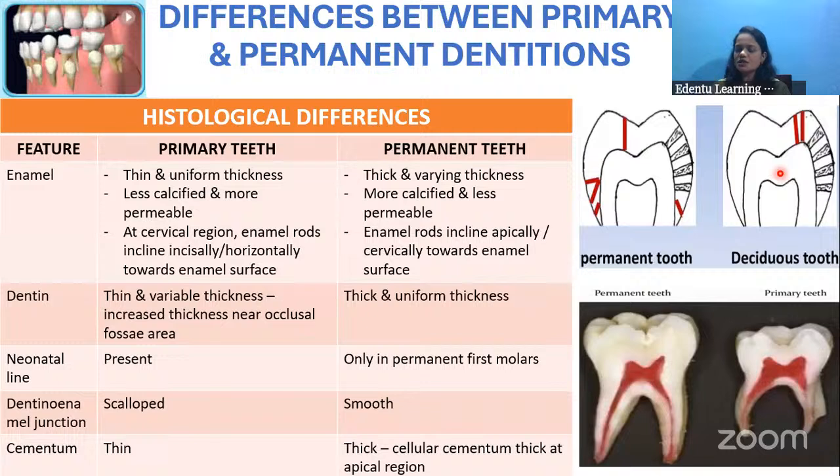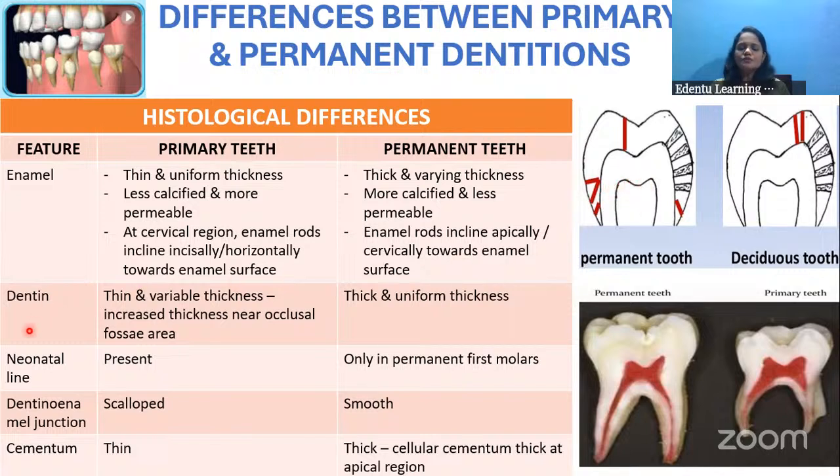This is also important while making cavity preparations. While making class 2 cavities, in the proximal side, in case of proximal caries, you should be very careful regarding the direction of the enamel rods also.